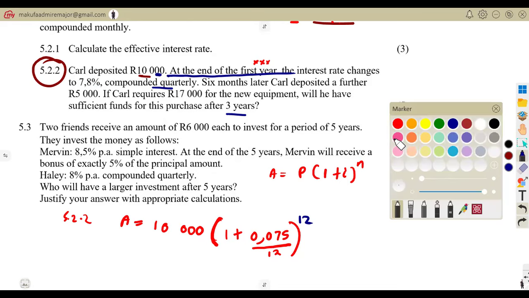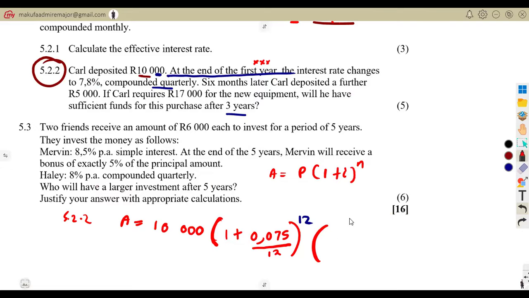So we are going to need, for this interest still on that same 10,000, when the interest is now what? 7.8. So it's going to be 1 plus 0.078 if you divide by 100. But they are saying compounded what? Quarterly.